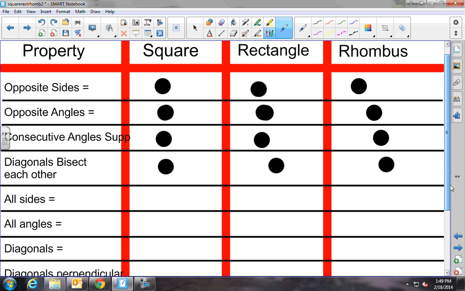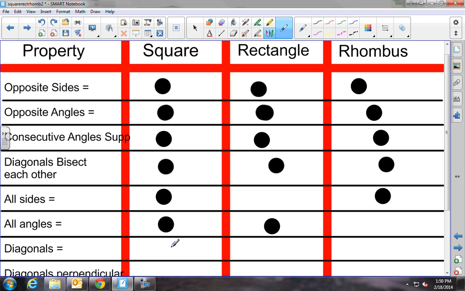Now, here's where it gets a little different. All sides are congruent. Well, that's true for a square, but not for a rectangle. And it is true for a rhombus. Remember, a rhombus is just like a square, but with a slant on it. All the angles are congruent in a square, they're all right, and in a rectangle, they're all right, but not in a rhombus.